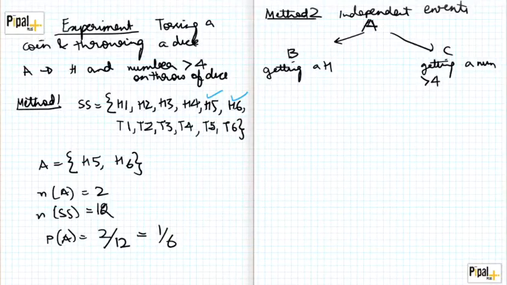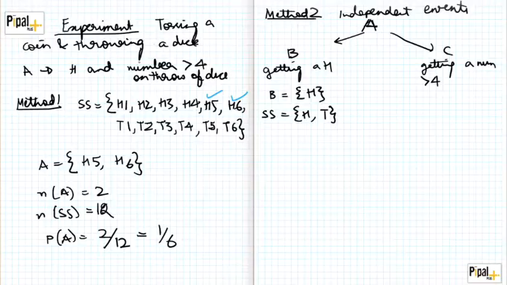For event B, the favorable outcomes are H on a sample space of H and T, because we split up this experiment. The experiment that was originally given to us, we have split it up into two sub experiments. The first experiment is tossing of a coin. The second sub experiment is throwing of a dice.